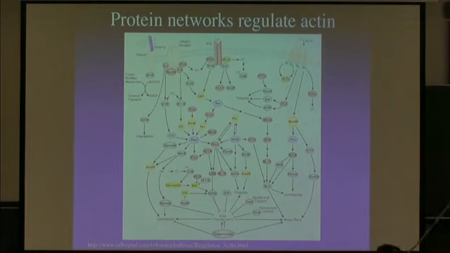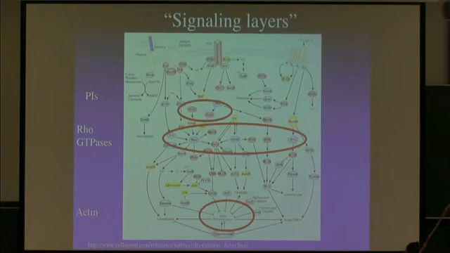So one question anyone might have when you look at this is, well, how do we understand this? Even given the fact that the arrows don't all mean the same thing, right? Some arrows mean this binds to the other. Some arrows mean this gets transformed to something else. So it's quite confusing. Now, just to orient you a little bit, there's an important layer that we'll spend quite a bit of time on, and I've already alluded to, and these are called the Rho GTPases.